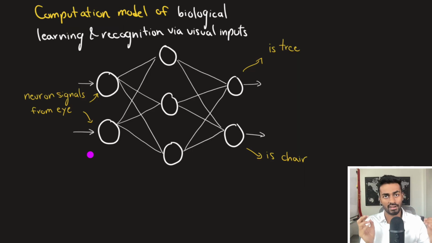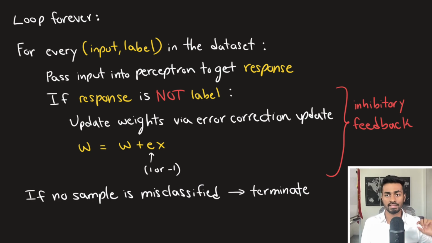We then took a high-level look at the architectural diagram of a perceptron and how it is designed to mimic some parts of the visual system, though this can be expanded to other perceptrons. And we also took a look at this inhibitory feedback mechanism of how the perceptron actually learns.